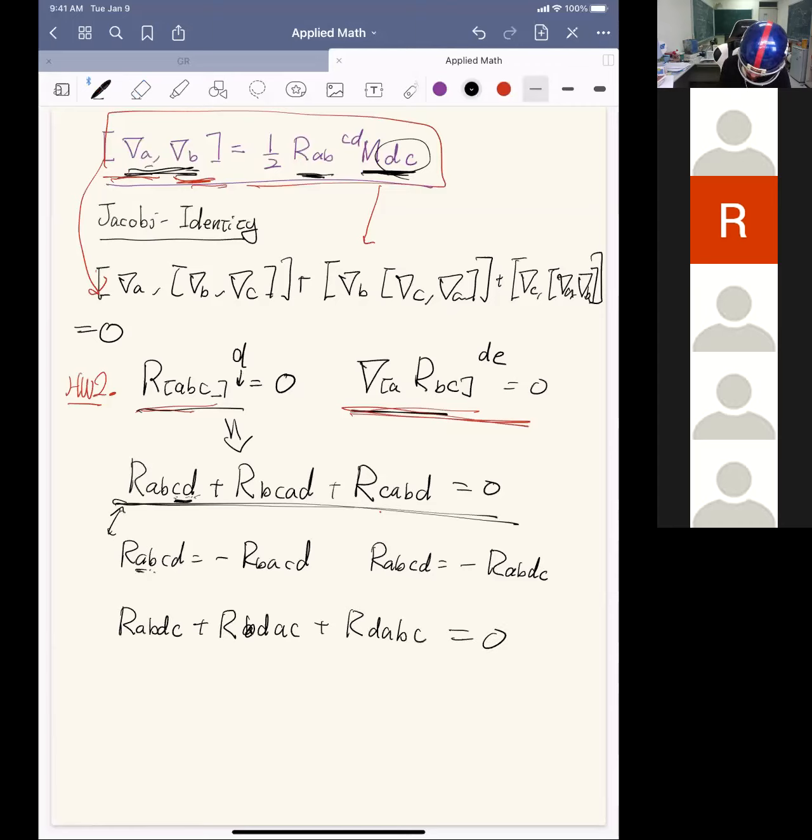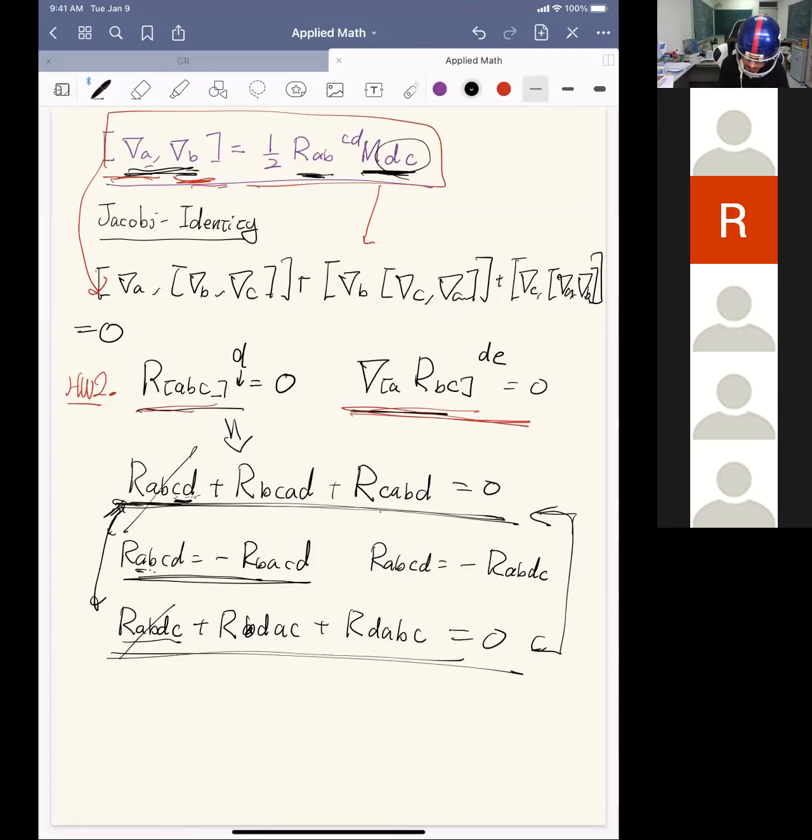If this has to be 0, then this obviously has to be 0 because ABCD doesn't mean anything. I can choose ABCD to be whatever it is. All right, so you have these two equations. If these two equations are separately 0, I can just add them together. But you know that ABDC is going to cancel ABCD because it's antisymmetric. So these two guys are canceled.